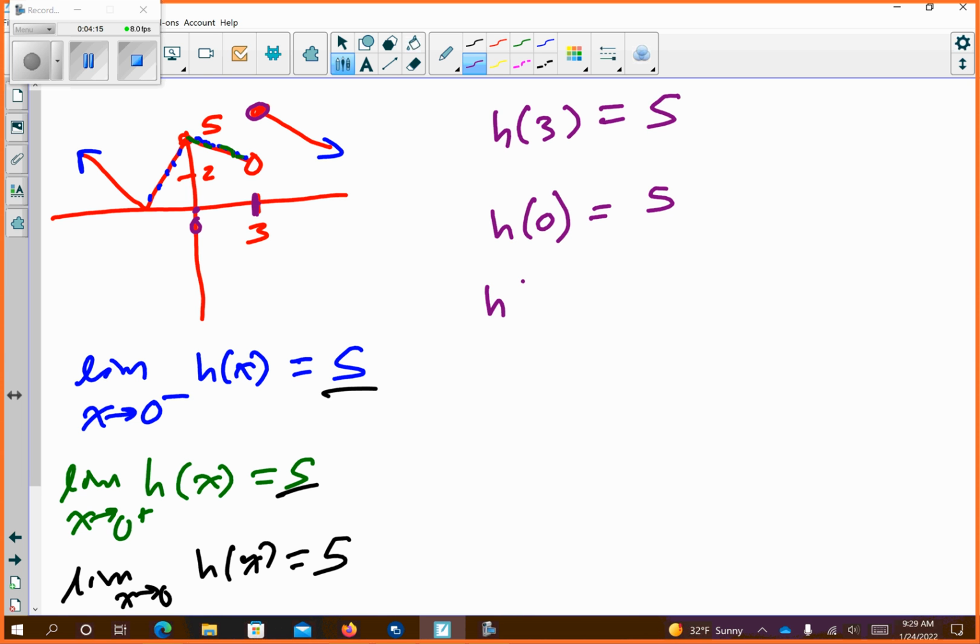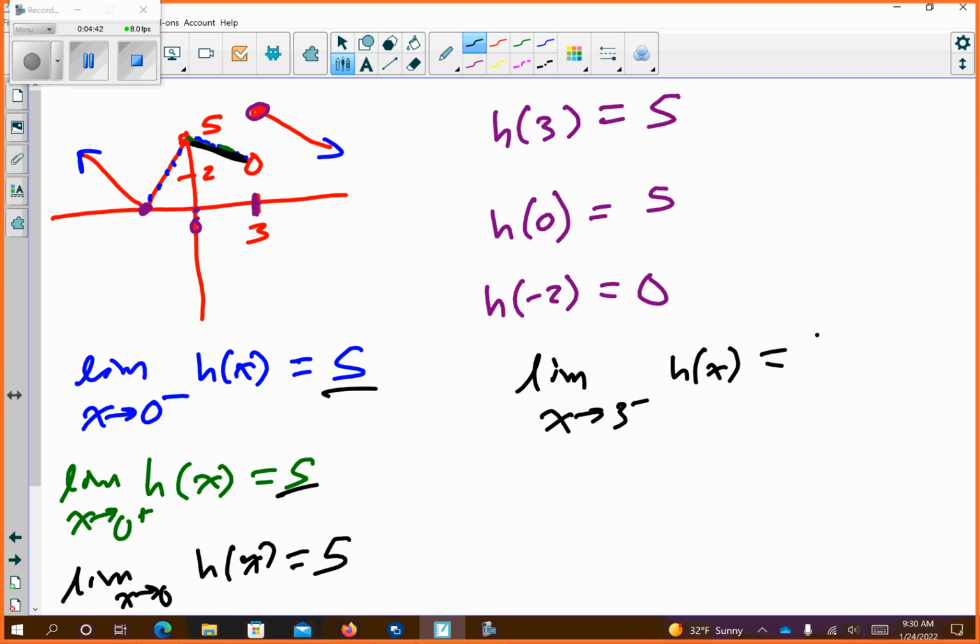h at negative 2. So h at negative 2, this is the exact value, so that'll be 0. And then we're going to go to the 3. So the limit as x goes to 3 from the negative side of h at x. So as I go to, I'm coming from here, coming down this.